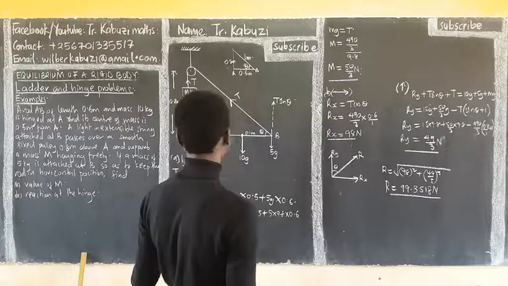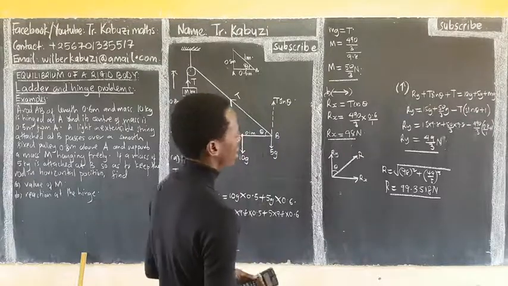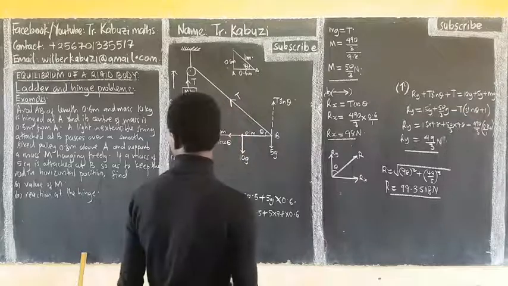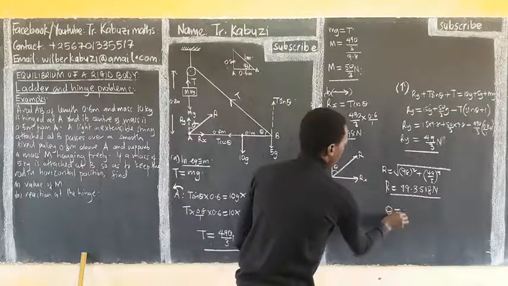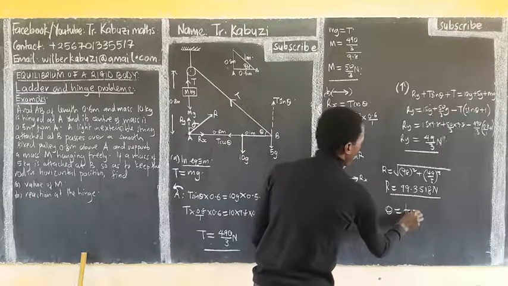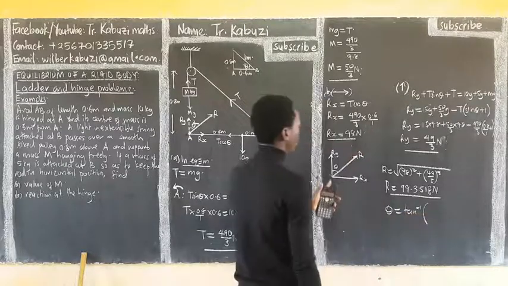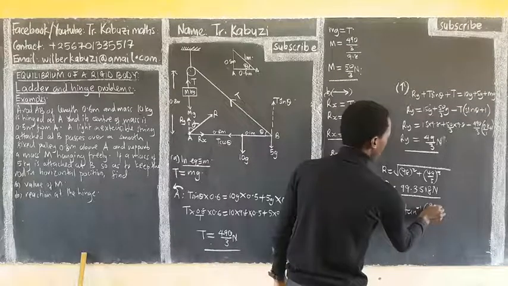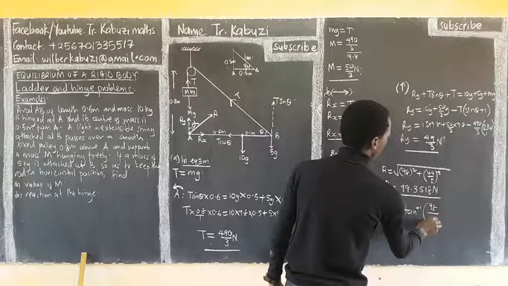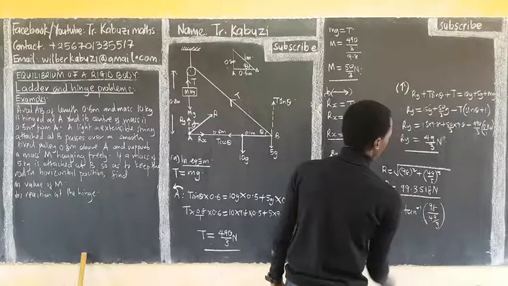Then the reaction at the end. If they wanted us to get the direction, then we would have also got the direction. So our theta there would have been tan inverse of the opposite over adjacent, which is 98 over 49 divided by 3.